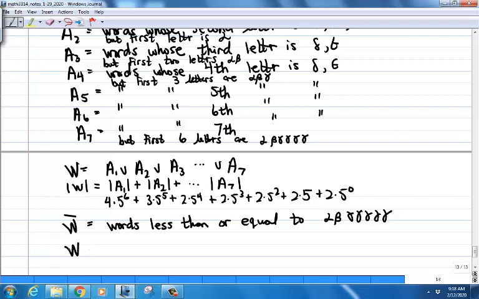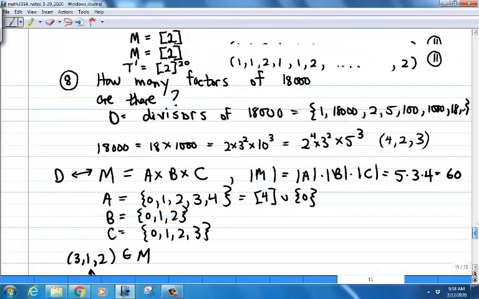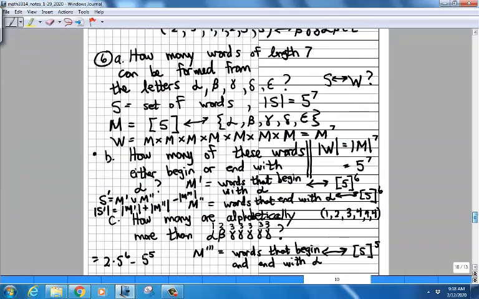Okay. W is going to be, of course, the universal set minus the size of the complement. But what is the universal set? That was this original set that we counted here, that we called S. And remember, that was the set of all possible words of length 7 from those 5 letters.